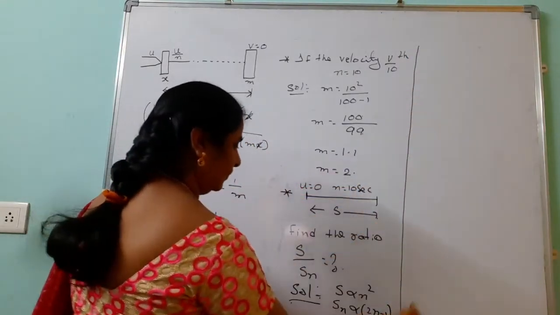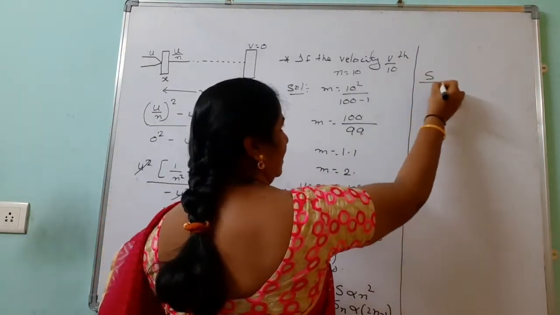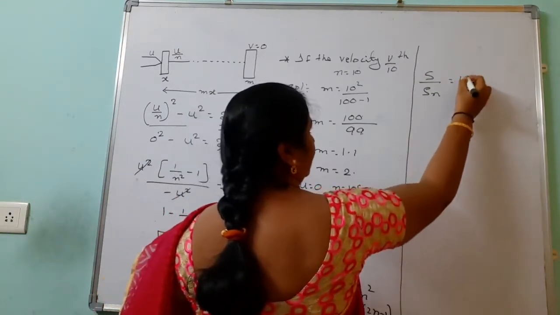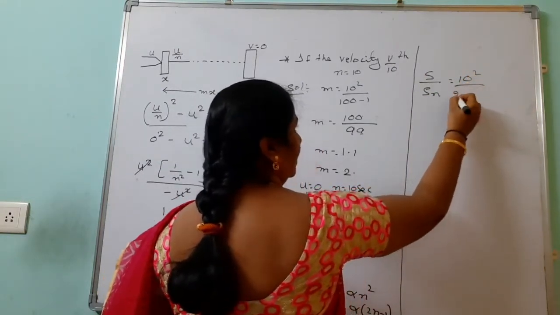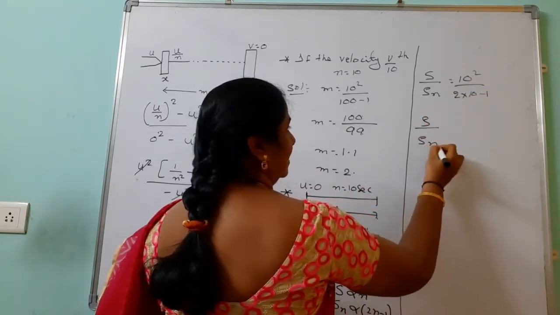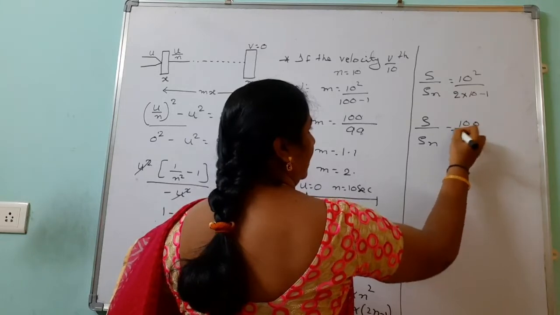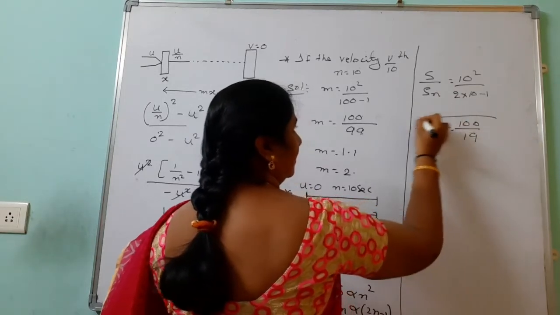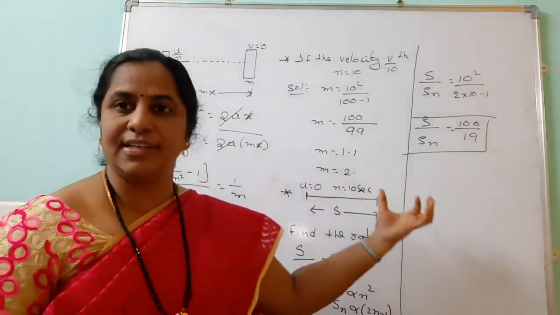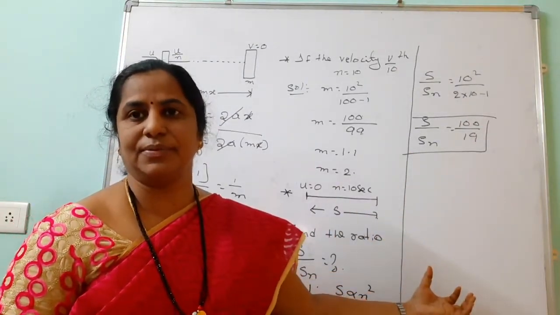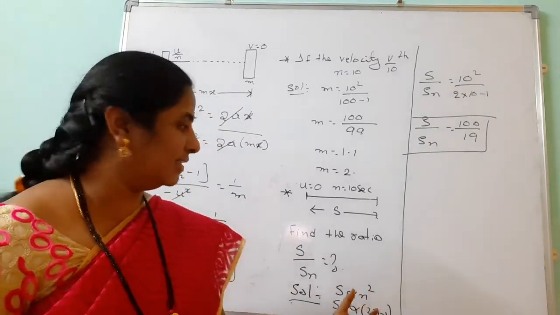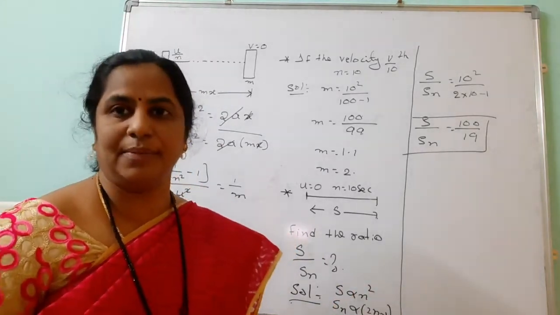So S by Sn equals 10 square by (2 into 10 minus 1), so S by Sn equals 100 by 90. Try to understand: total distance is directly proportional to time square, and the distance covered in the nth second is directly proportional to 2n minus 1.